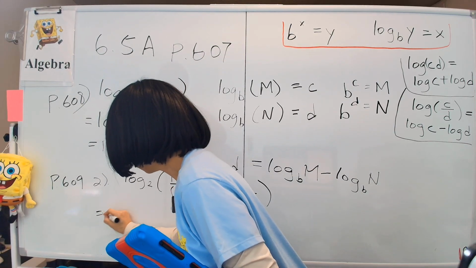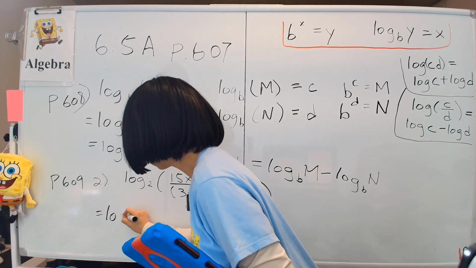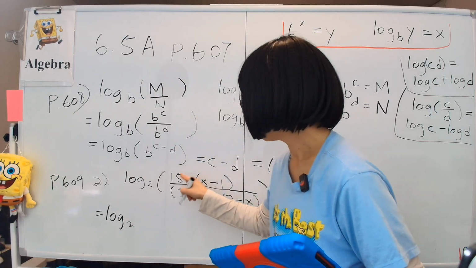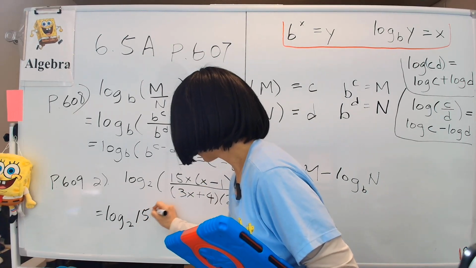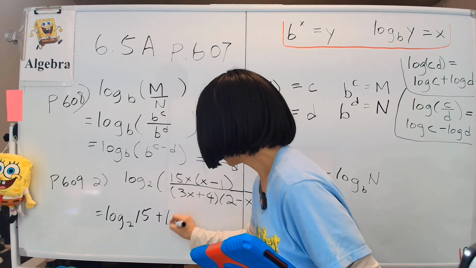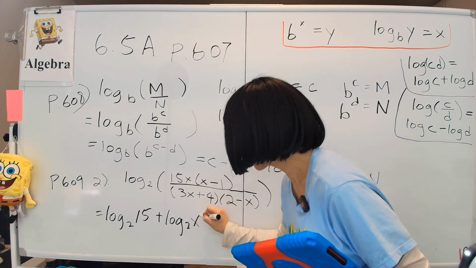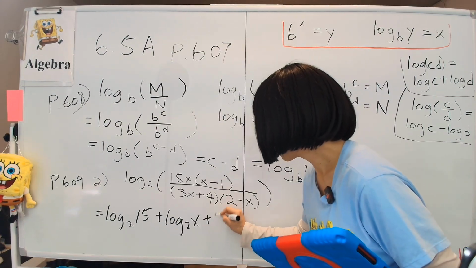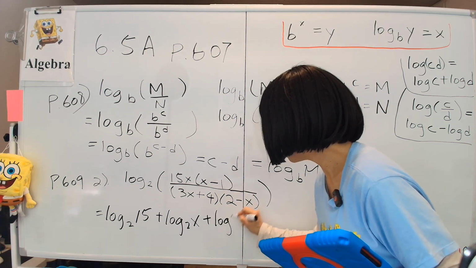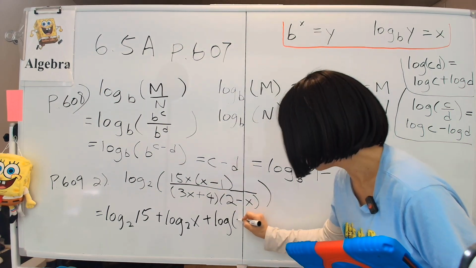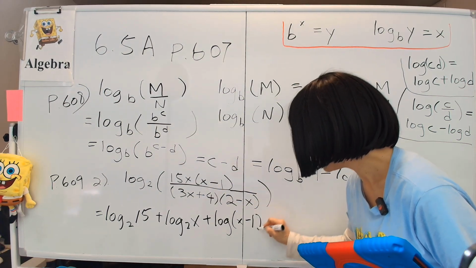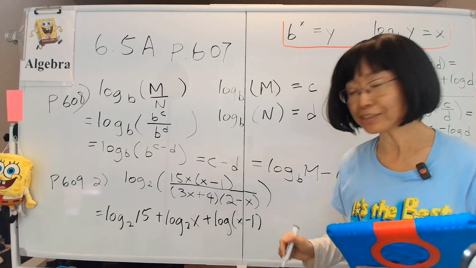This equals log base 2, and the first one is 15, plus, yeah, there's a lot of writing here, but you get the idea, x, and then plus log of x minus 1. That's the addition. This is the multiplication part.